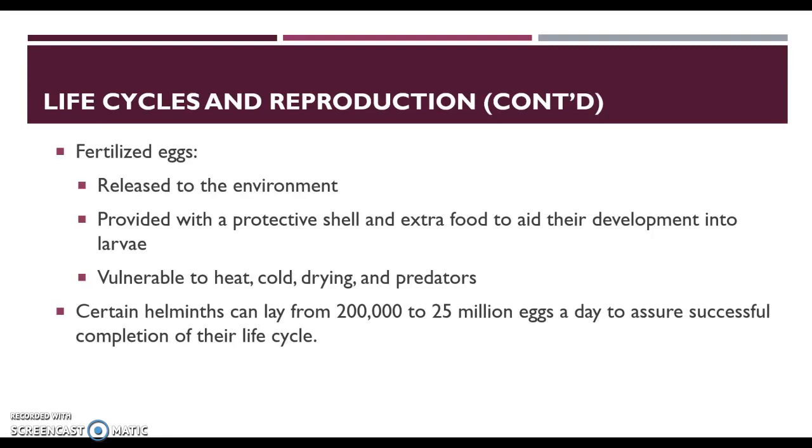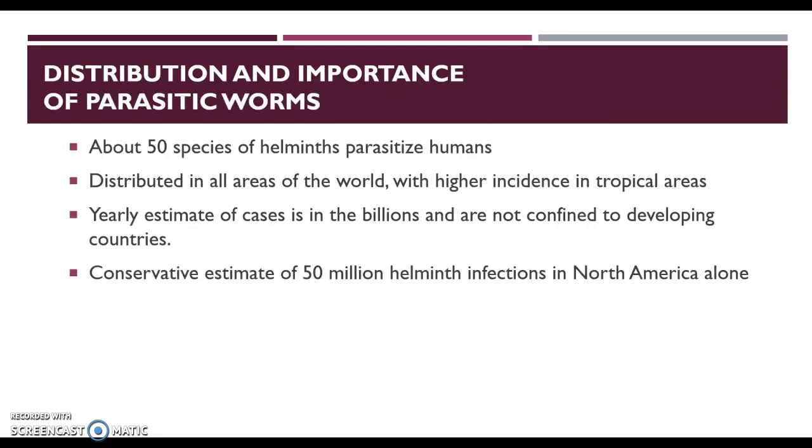So they are very vulnerable to things like excessive heat or cold, lack of moisture, as well as any predators. Certain helminths can lay from 200,000 to 25 million eggs a day to assure that they successfully complete their life cycle. So it's pretty astounding the number of eggs that are produced by some of these worms.